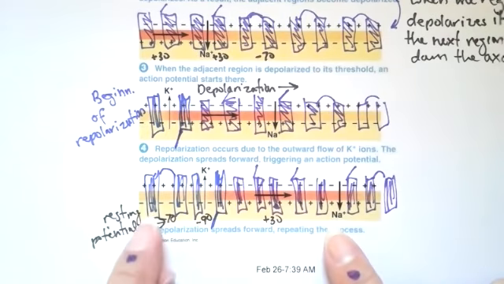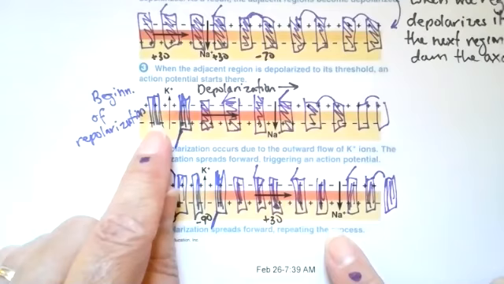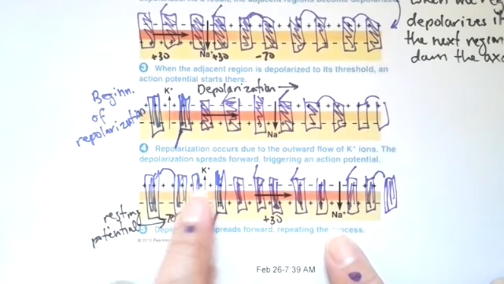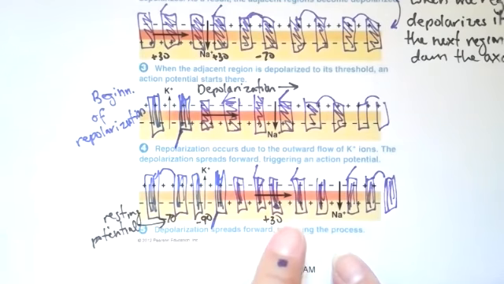And a ways behind that, we have spreading repolarization. This potassium channel that opened to allow repolarization triggered the next potassium channel, and so on and so forth. And then they close behind and reset the membrane.